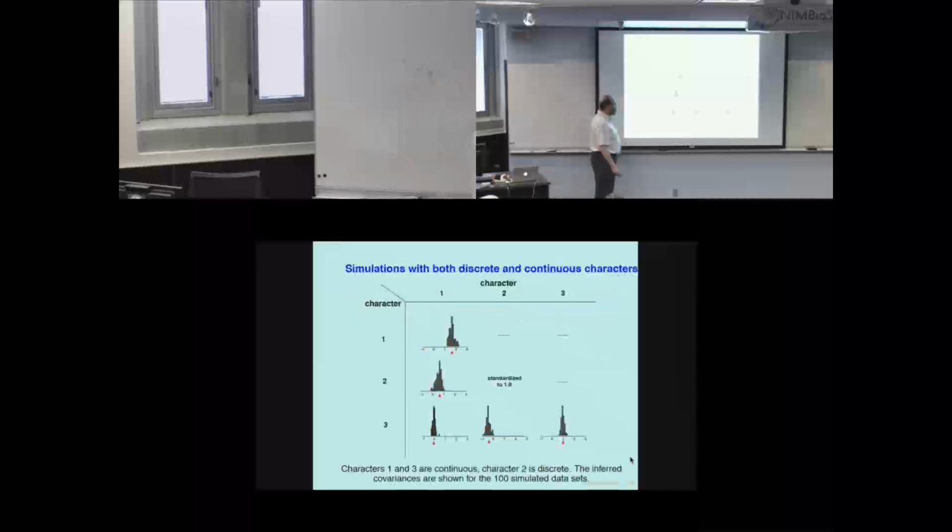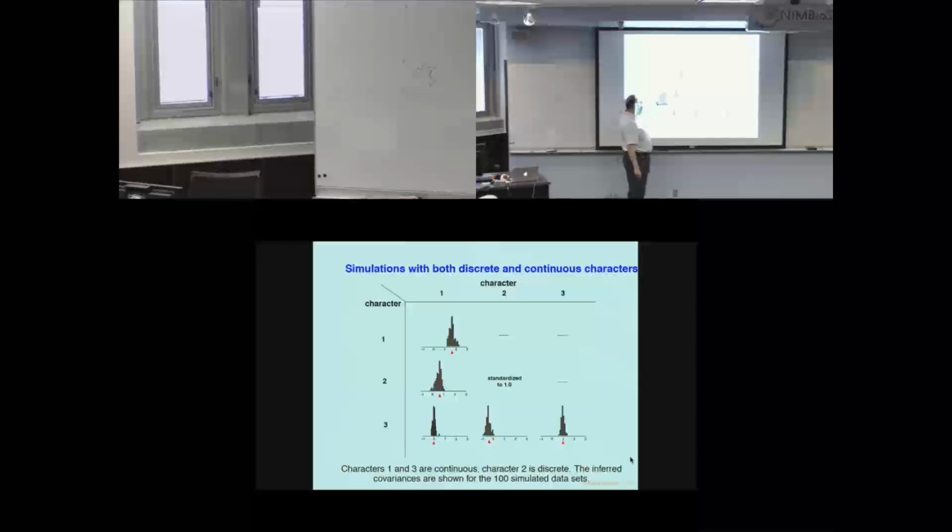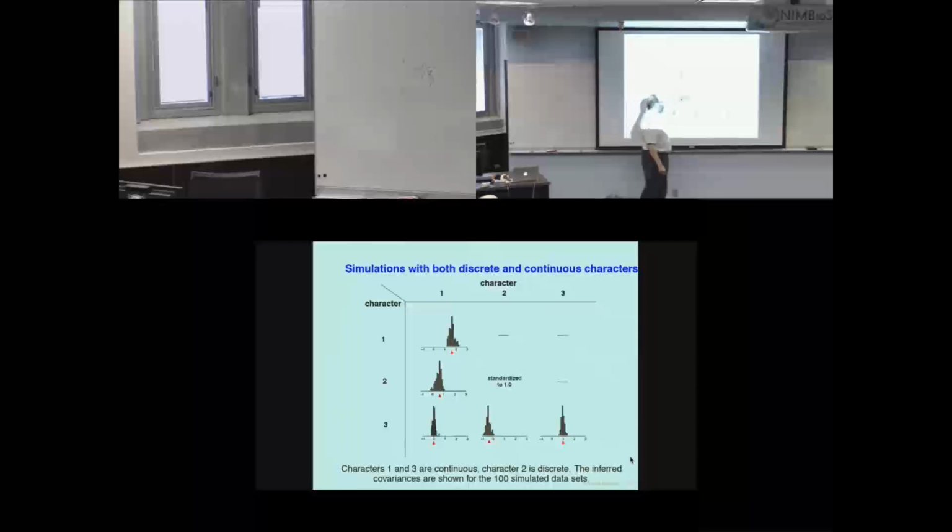And here is a test of that with the same parameters, the same trees, the same data, except that character 2 was assumed to be discrete and the other 2 were assumed to be continuous. And what you get is, now this is not correlations, this is covariances. That's why the distributions are suddenly much narrower.